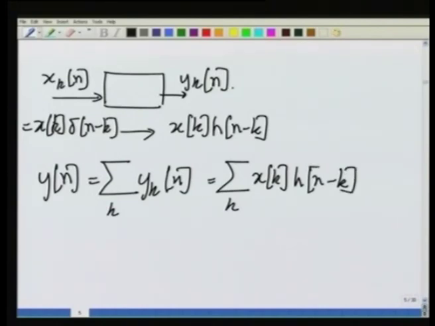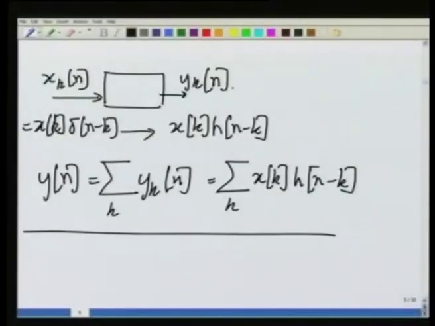x[k] is the value of x[n] evaluated at n equal to k. δ[n minus k] is the Kronecker impulse time shifted to the point k, and this gives us an expression for the output signal y[n] in terms of the input signal and the impulse response.